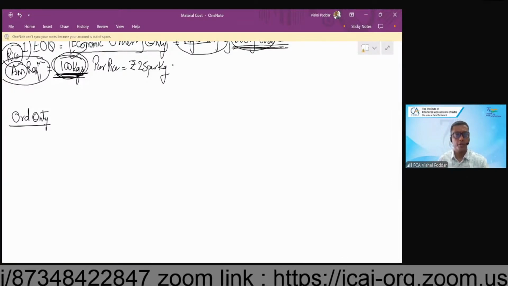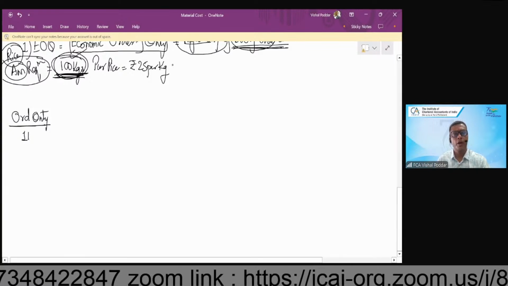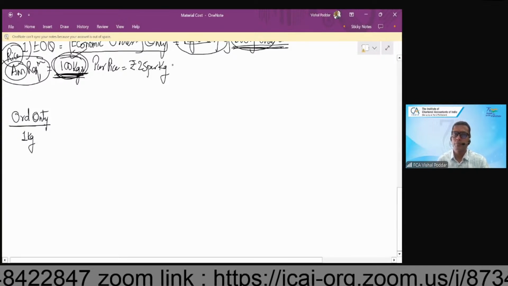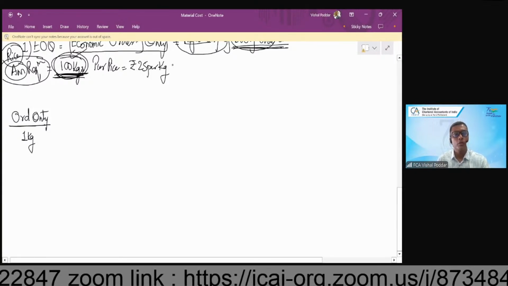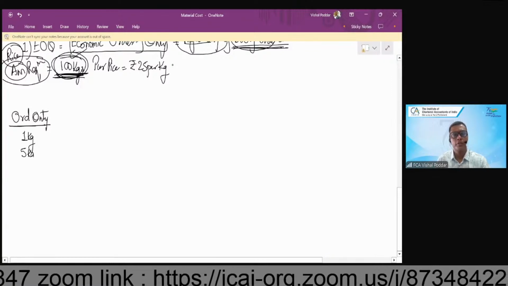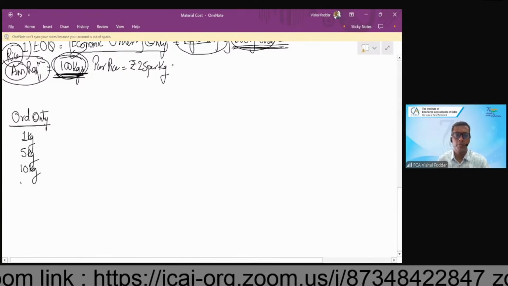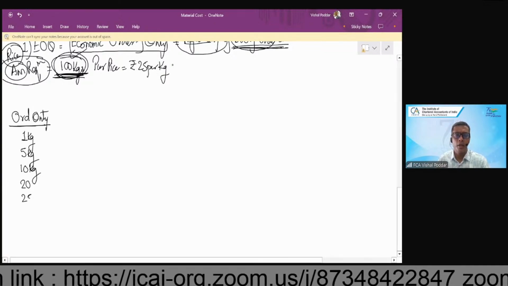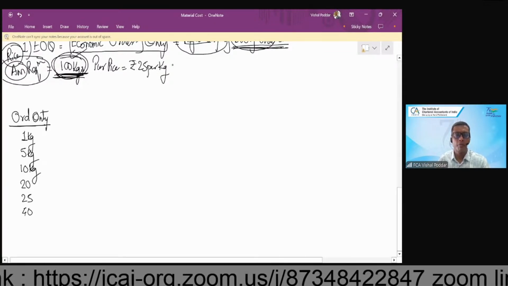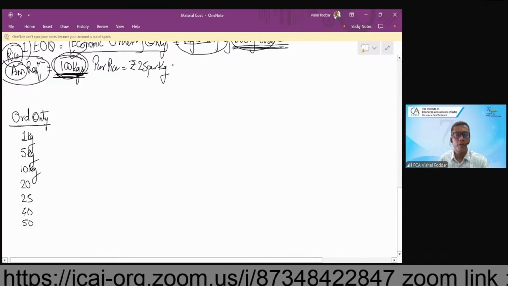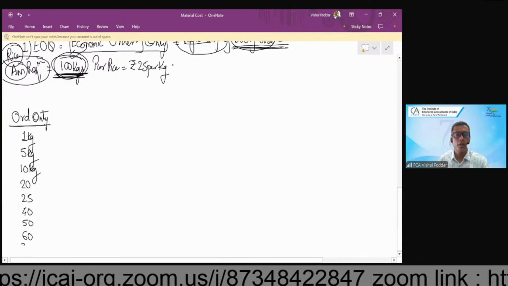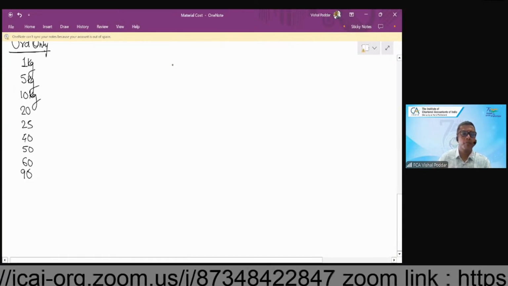I have multiple choices. My first option is I'll purchase 1 kg at a time. It may be too low. So another option is I'll purchase 5 kgs at a time. Another is 10 kgs. Maybe another is 20, 25, 40, 50, 60, 90, 100.